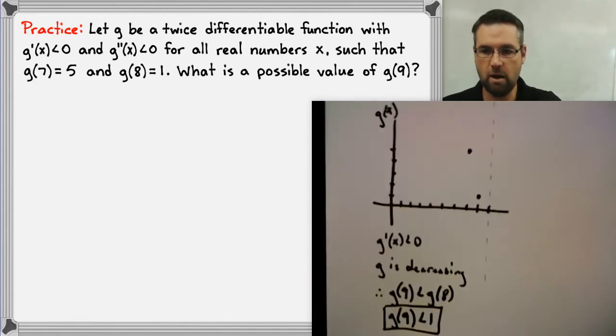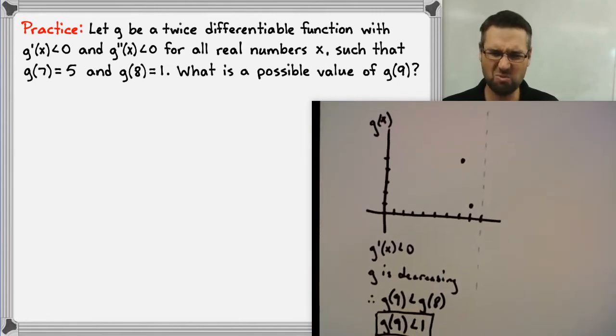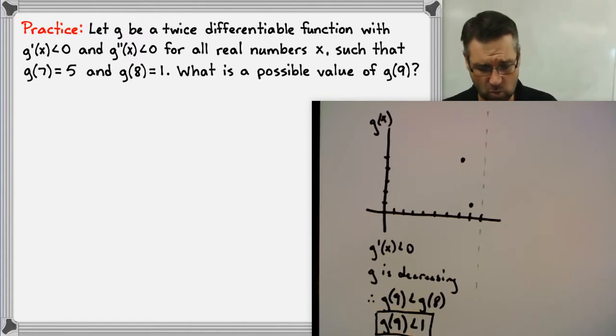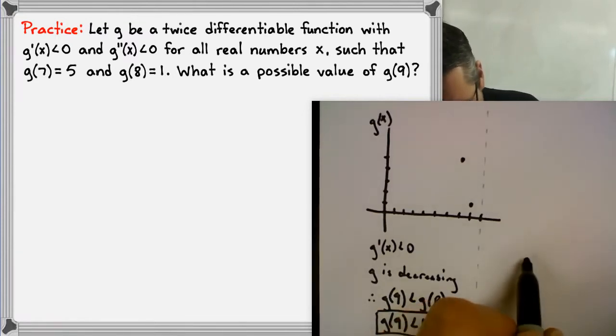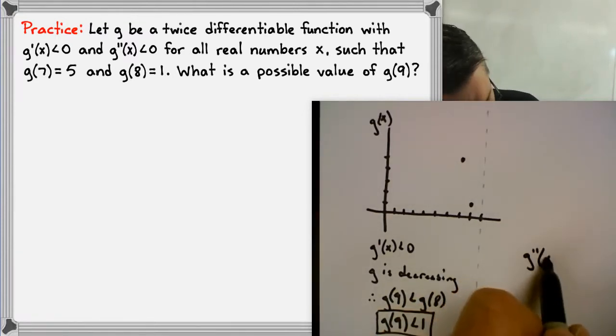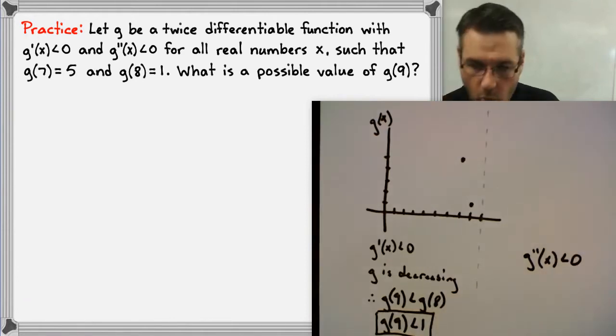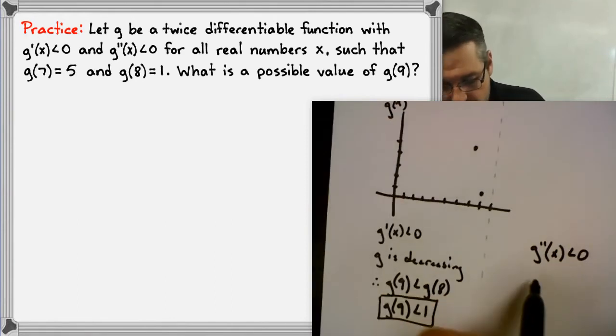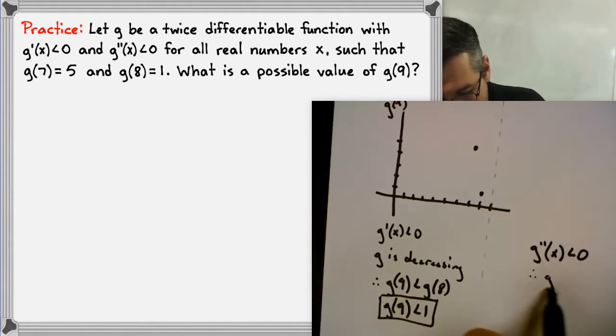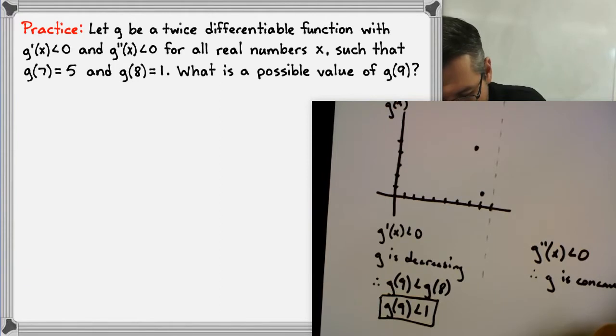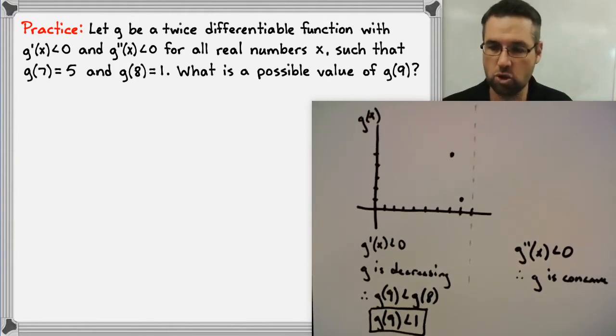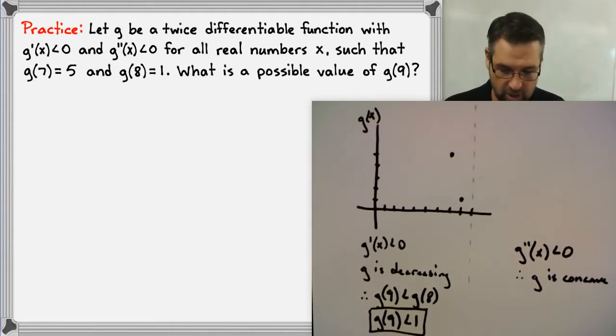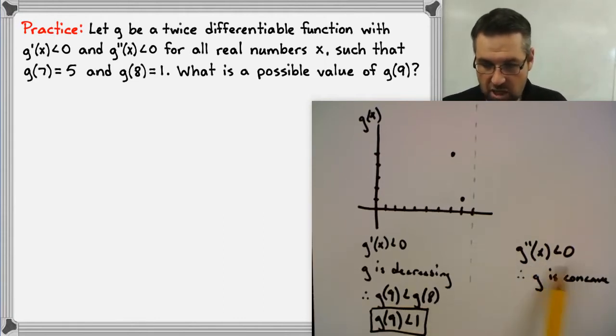Okay, now we look at the next part, and this is where it gets kind of dicey. This is where it gets kind of weird, because it says that G double prime of x is also negative. Well, what does that imply for G of x? Well, that would imply that G is concave down. And this is where it gets difficult to interpret according to the graph. Well, we can understand it this way: if G double prime is negative, we've got G concave down.